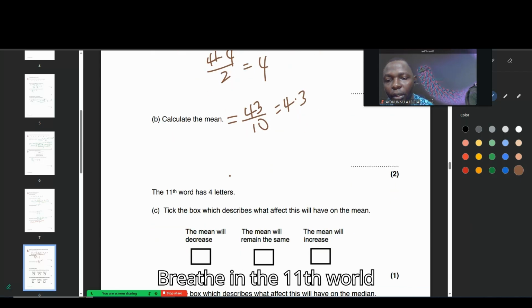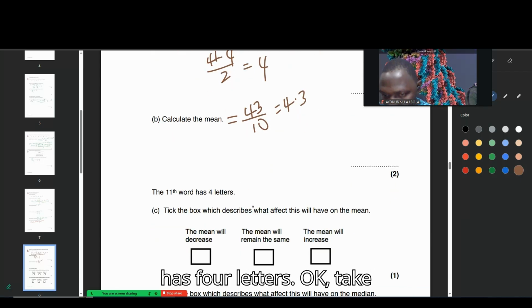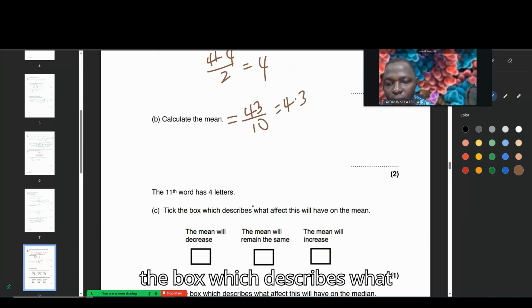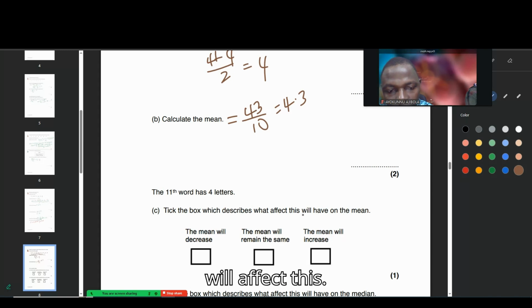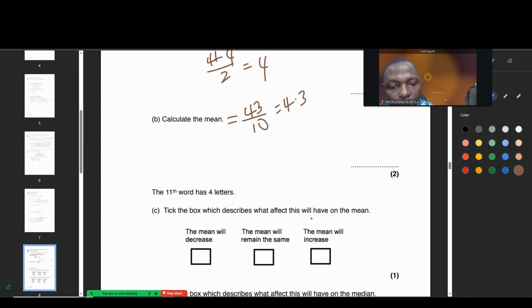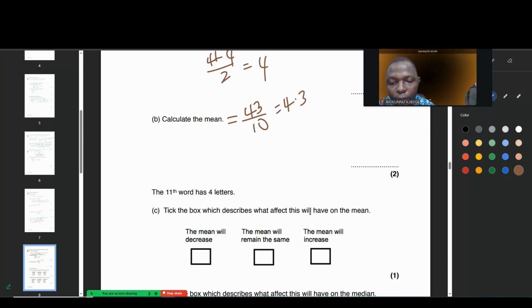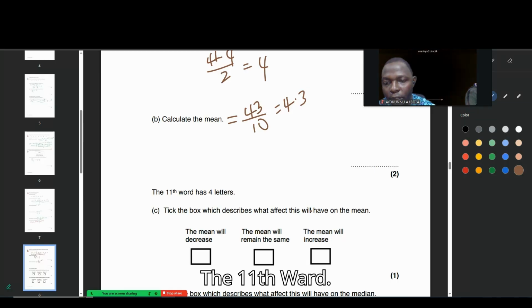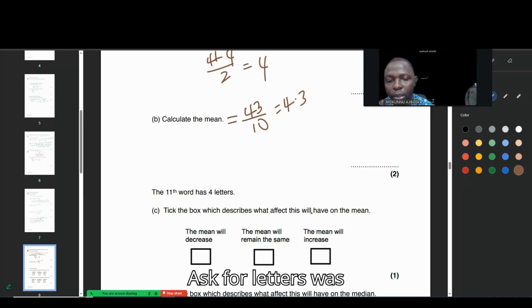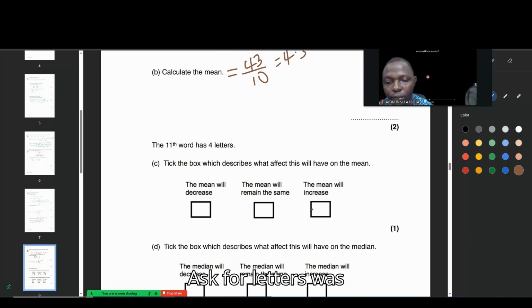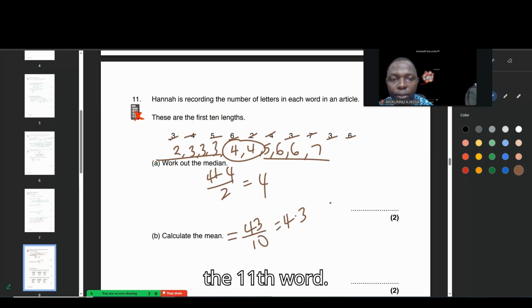Then the 11th word has 4 letters. Tick the box which describes what effect this will have on the mean. What's the 11th word?